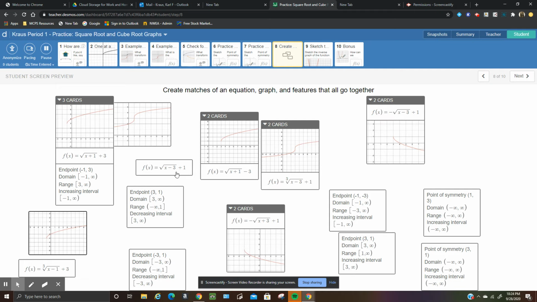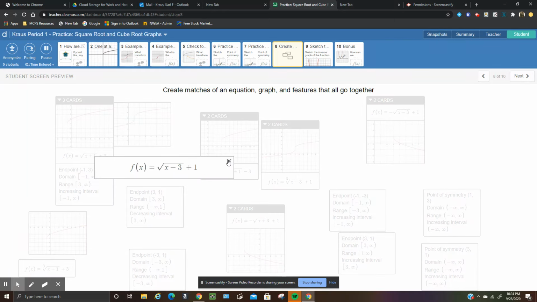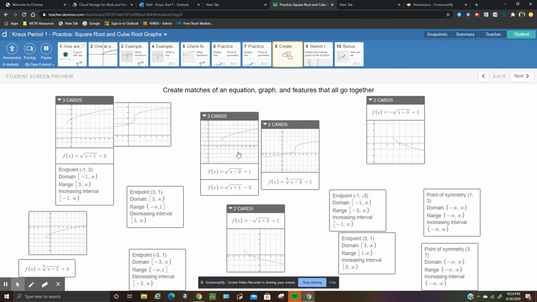Here I want the square root graph that's 3, 1, and going up. It's this one. What is that?